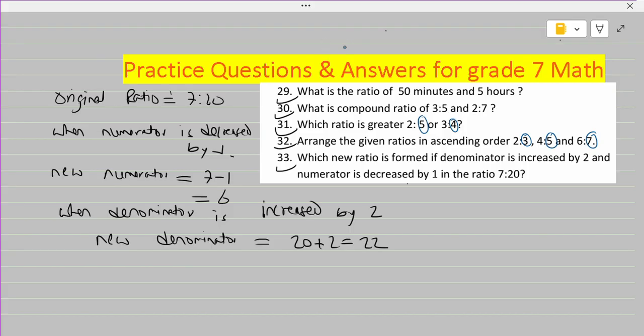So we have the new numerator 6 and new denominator 22, so we can get the new ratio. New ratio is equal to 6 is to 22, and we can simplify it because both are even and can be cancelled by 2. So 2 3s are 6, 2 11s are 22. The new ratio becomes 3 is to 11. So up to number 33 I made it clear. Now I go with 34 onwards.